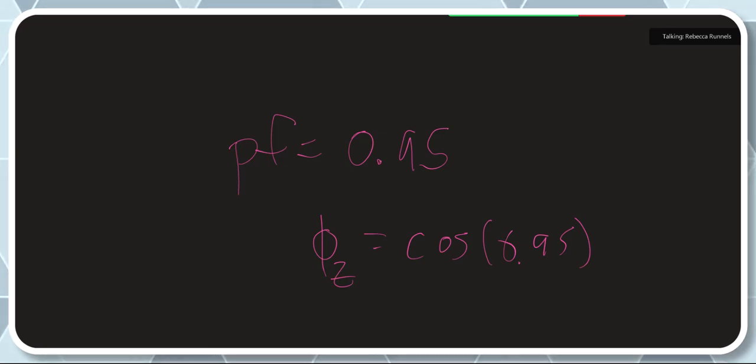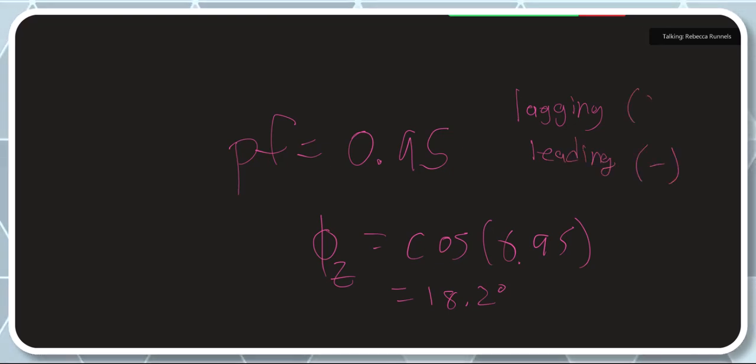Inverse cosine of 0.95 gives me 18.2 degrees, but I really only know if that's the angle when I give you the other information about whether it's leading or lagging. If it's leading, then you use the negative value, and if it's lagging, you use the positive value. So if I said power factor is 0.95 leading, then you would take the inverse cosine and then just slap a minus in front of it. Okay, so that's what you need to know.